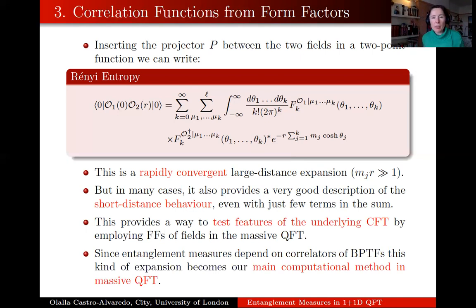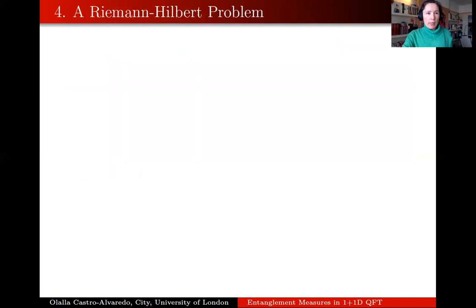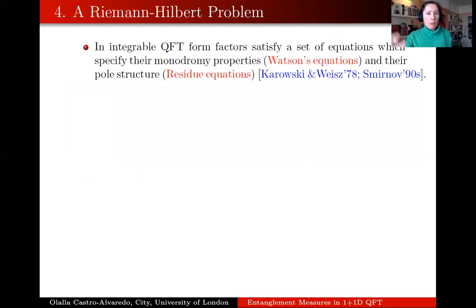Since the entanglement measures depend on branch point twist field correlators, we can use this kind of expansion to compute, for example, the entanglement entropy of a single interval. This is what we're going to be doing in our application later on. So how do we compute these form factors then? That is the question. Computing form factors is an old problem in the context of integrable quantum field theory.